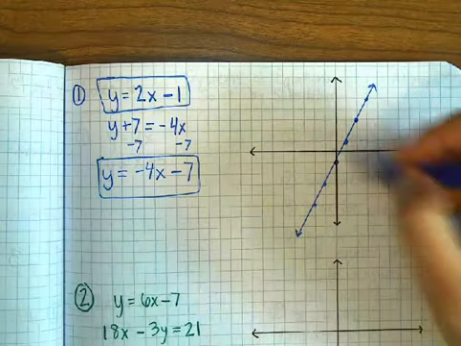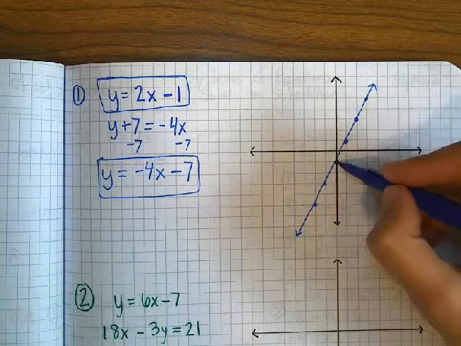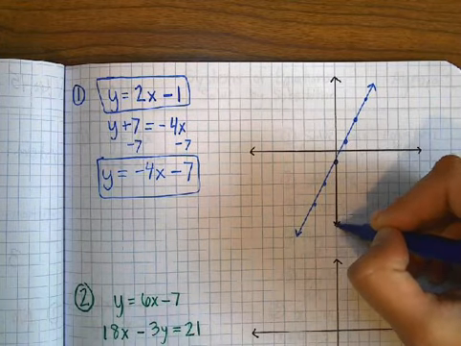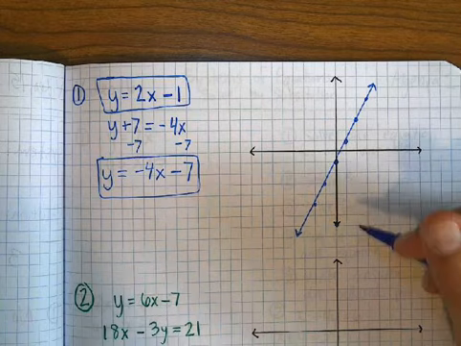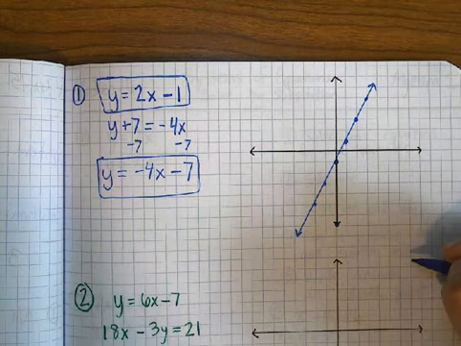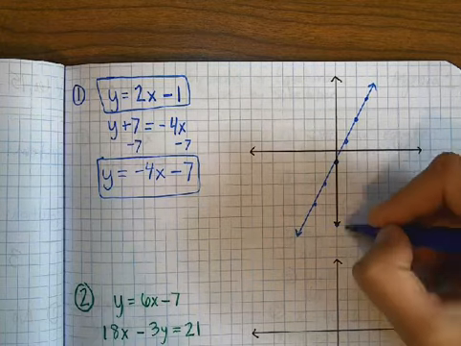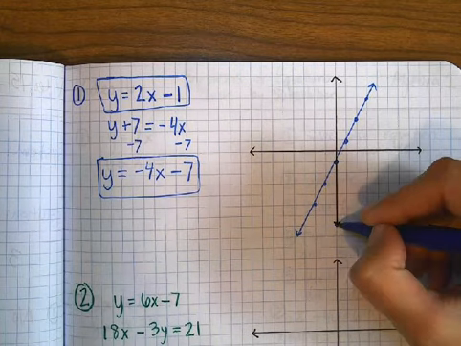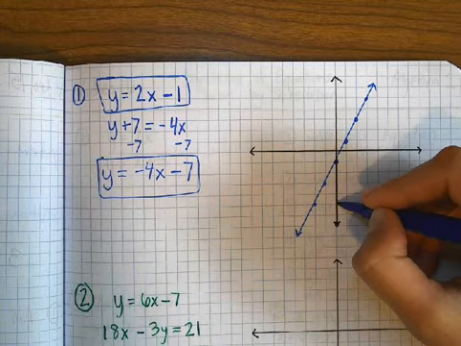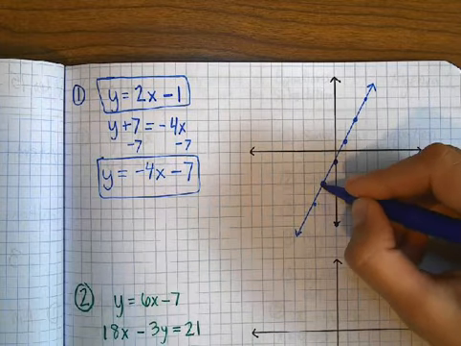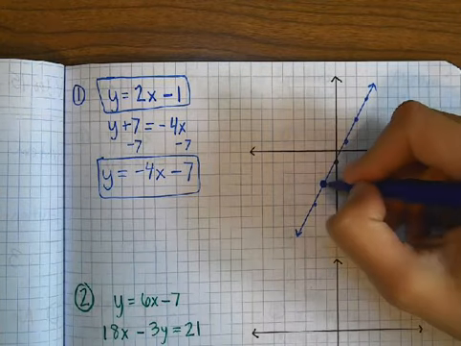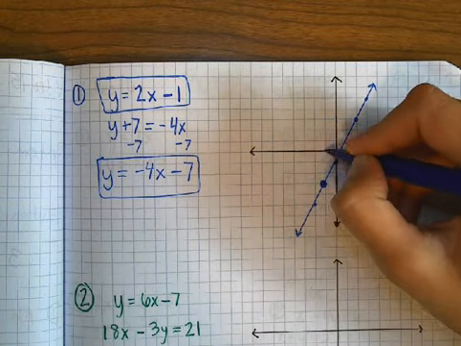Now our second one, it intersects at negative 7, all the way down here, and my slope is negative 4. I can't go down and over to the right because I'd be off my graph, so we're going to go backwards. We're going to go up 4 and over left 1. As we can see, that big point right there is where we intersect.